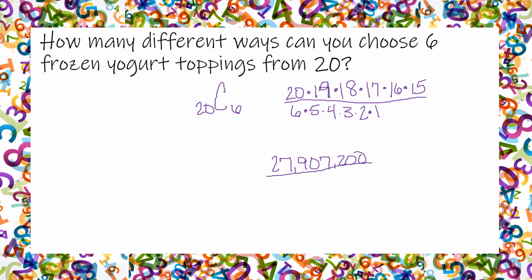And 6 times 5 times 4 times 3 times 2 times 1 gave us 720. So now we're going to divide those two. If you're doing it in your calculator, you could probably just type it all in at one time. But we do get 38,760 ways that you can choose those frozen yogurt toppings.